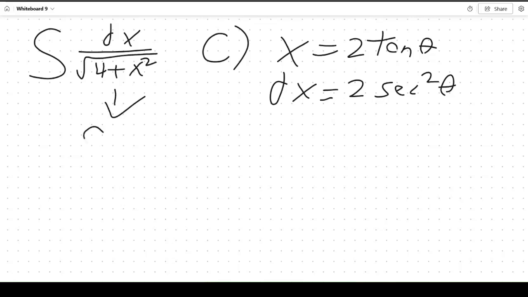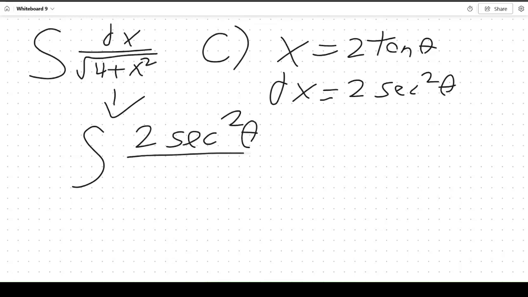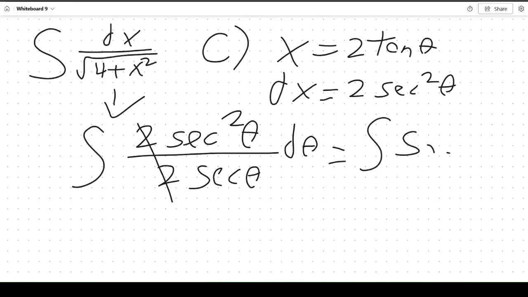So let's bring this down and plug in our values. You can cross out the 2, and secant squared theta divided by secant squared is just secant. So we are left with the integral of secant theta.